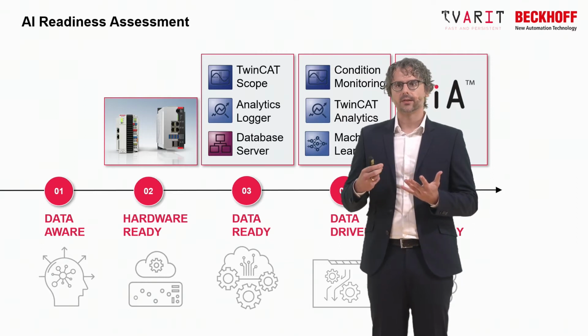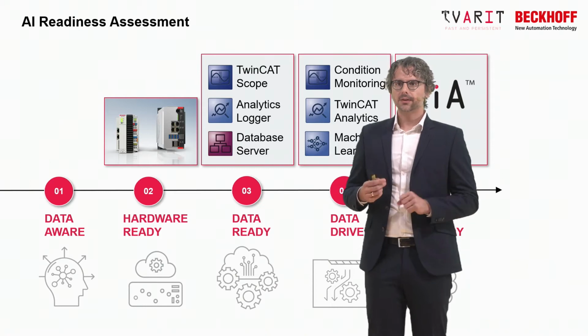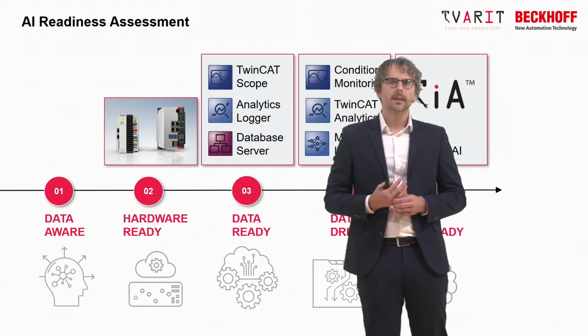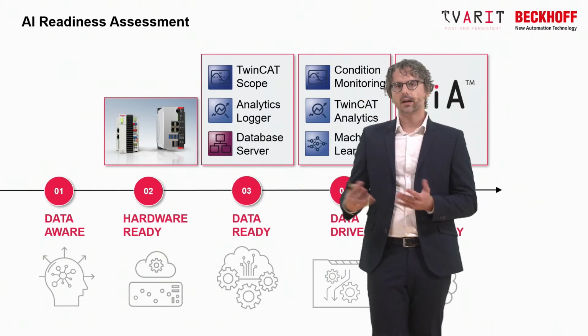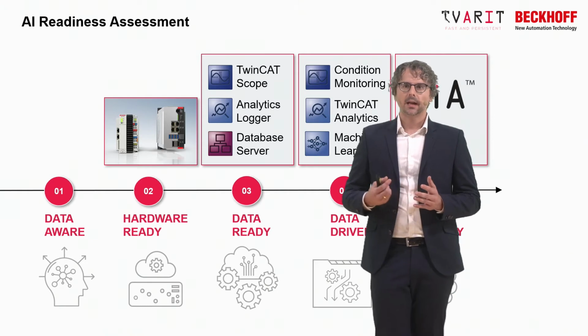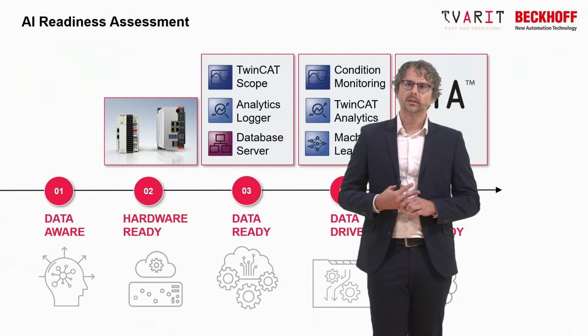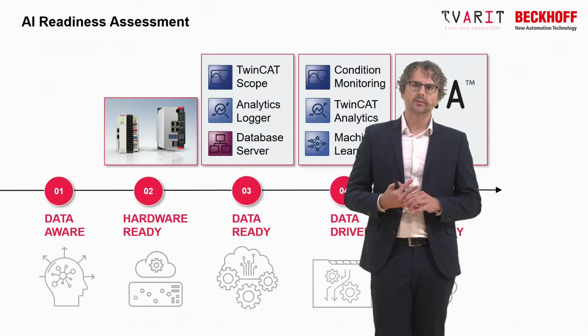You select the target where it has to be logged, and that's it. Or the oldest software product in the field here, the TwinCAT Scope. We already had this in TwinCAT 2. It's now the TwinCAT 3 Scope, and it's equipped with lots of different possibilities to record data and to store data in different file formats.